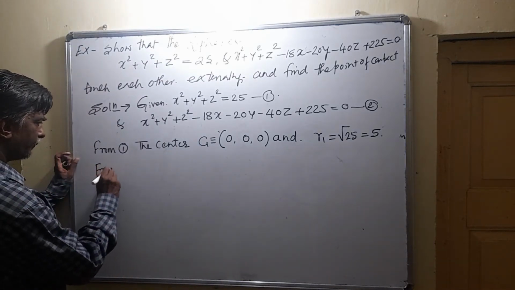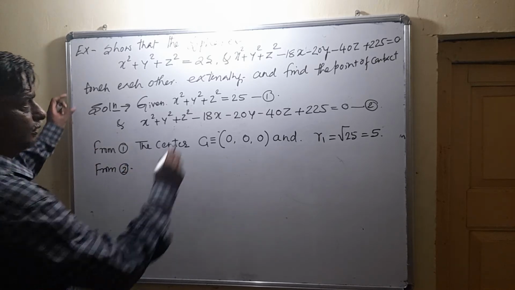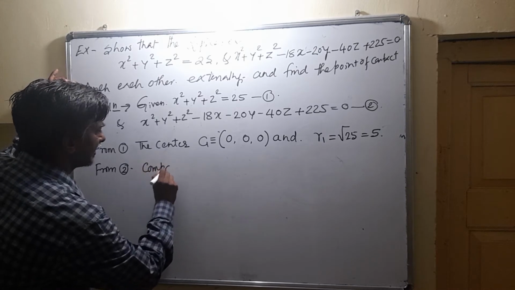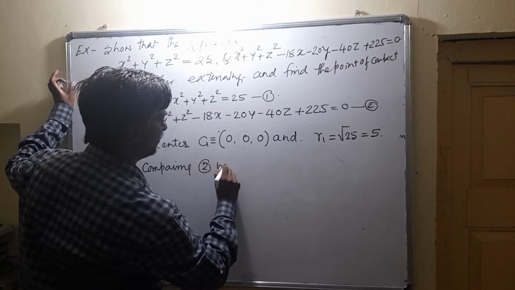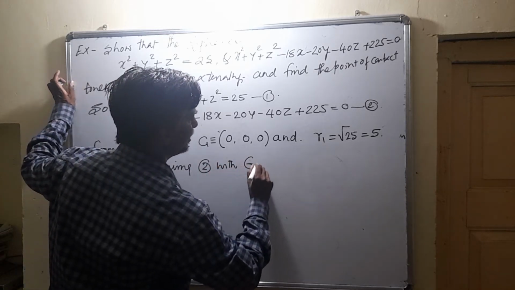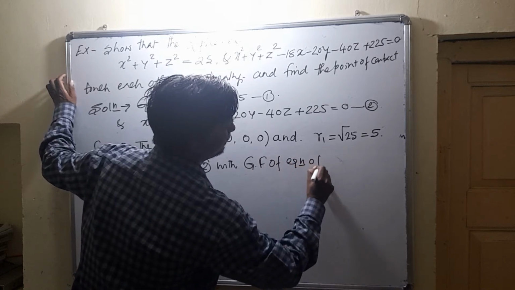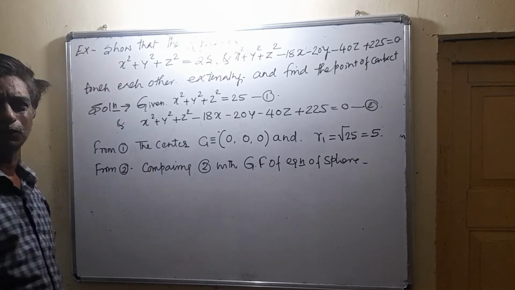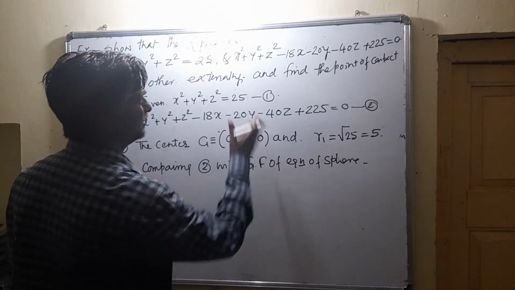From the second, comparing the second with the general form of the equation of a sphere. Don't write the general form of the equation; you have already solved a number of problems of general form.